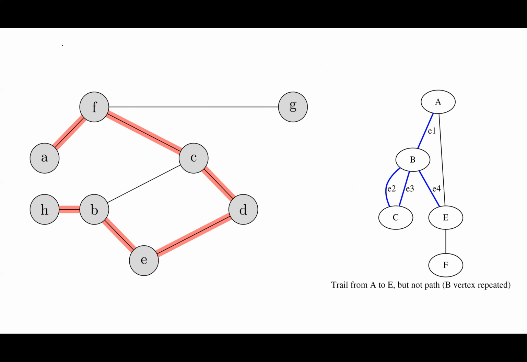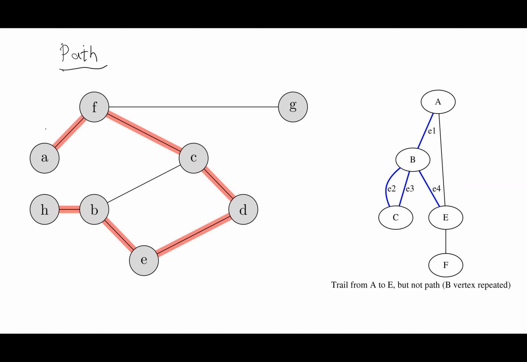Some other terminologies, we actually need to learn them, because when you are solving problems and learning different graph algorithms, these things will come into the picture. So first of all, path. A path is a sequence of vertices where each adjacent pair is connected by an edge.